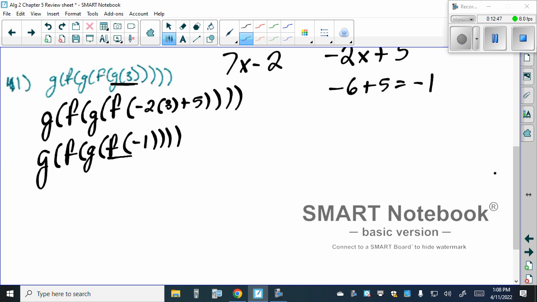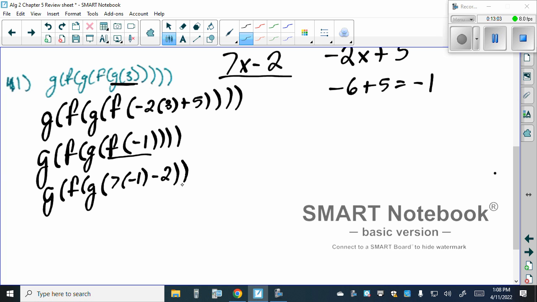Well, now what do we have in the inside? f of negative 1, yes? So, okay, so g of f of negative 1, so we're going to plug negative 1 into f of x, which would be 7 times negative 1 minus 2. Now we just need to simplify. 7 times negative 1 minus 2.